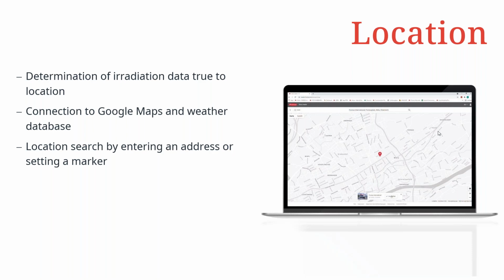And this is important because this location determines the irradiation data that is going to be utilized by your PV modules for production. In addition to this, it's possible to connect to Google Maps, and this means you can also access a lot of weather data through a lot of databases in Google as well.